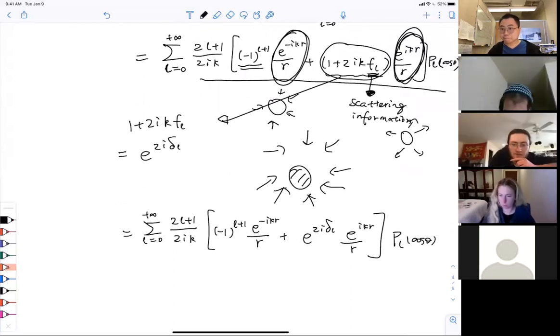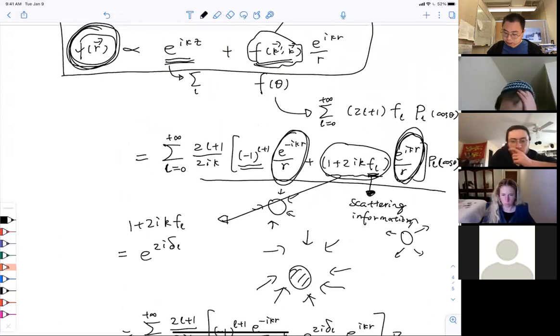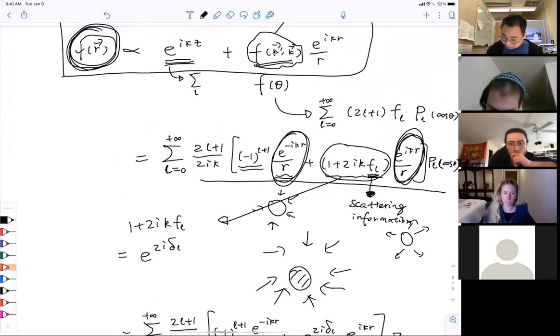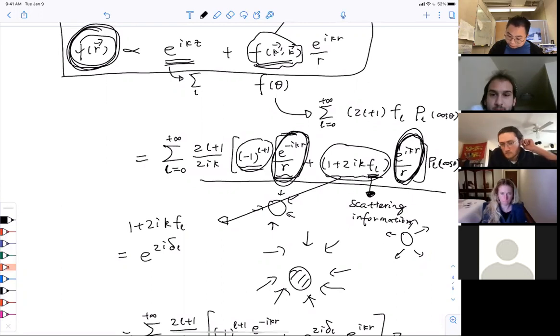Could you explain one more time how we see that as a phase factor in the equation where you circled it? Right. So basically, the first term is the incoming spherical wave, e to the minus ikr, and this one stands for the outgoing spherical wave. The total number of particles is conserved, meaning there's no particle loss at infinity. Outgoing should equal incoming, meaning that the square of this should equal the square of this.